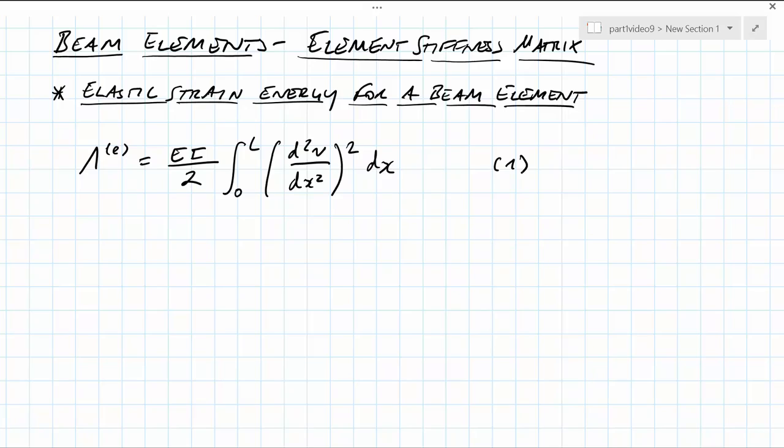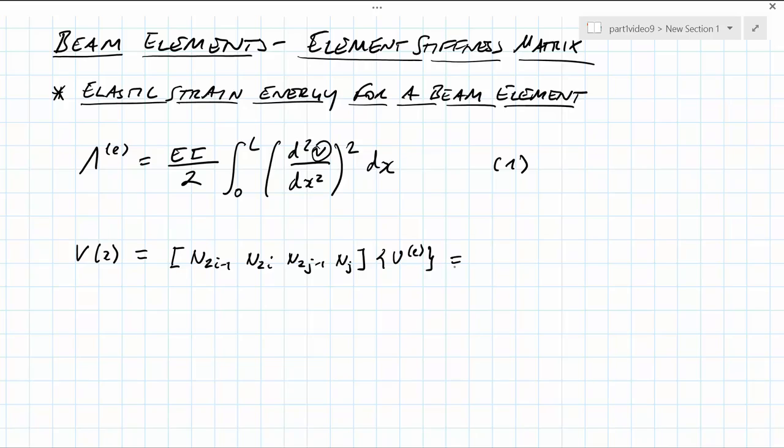Also recall that V of x in this expression was previously derived as the following. V of x is equal to a matrix of shape functions n2i minus 1, n2i, n2j minus 1, n2j, multiplied by the vector of element displacements ue.